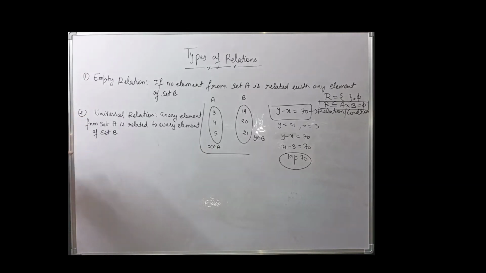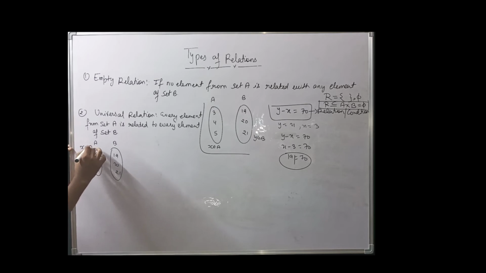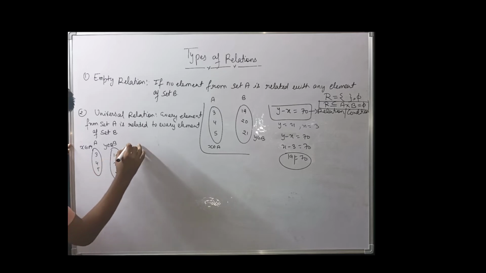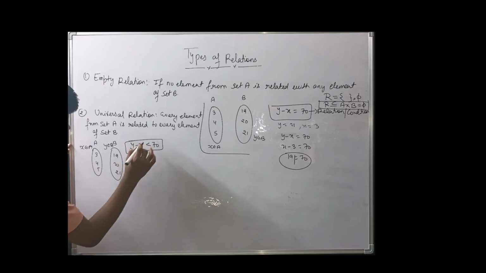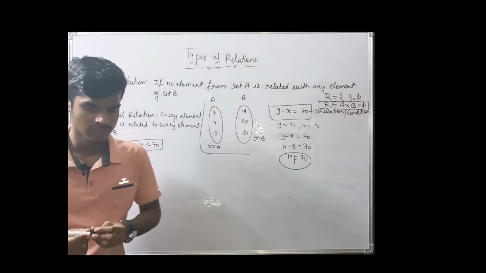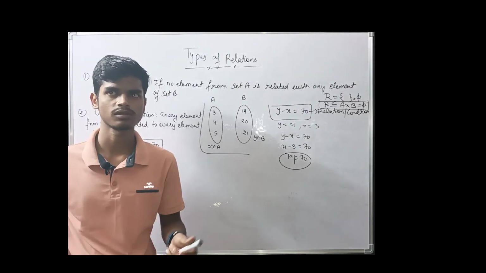Let's try to understand this also with numbers, and it will become much clearer. Again, I have a set A, the same thing, 3, 4, 5, and here it is 19, 20, 21. Here again x is from A, y is from B. If I define a relation y minus x is less than 70, or in other words, the age difference between any two students in your school is less than 70, is it possible?